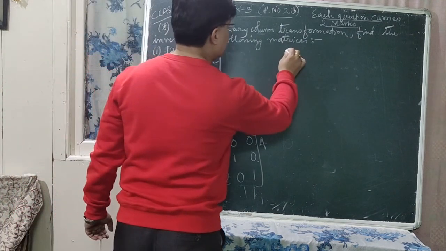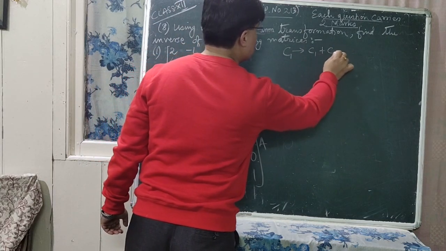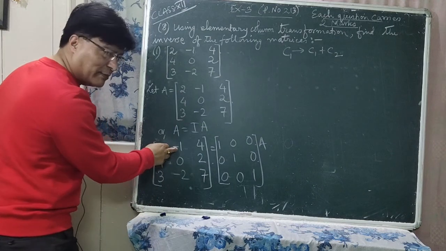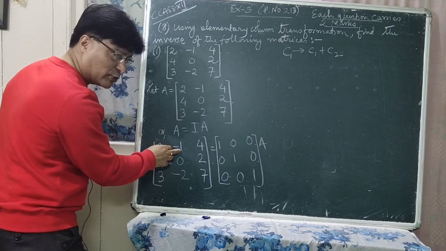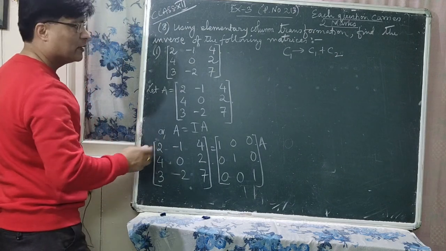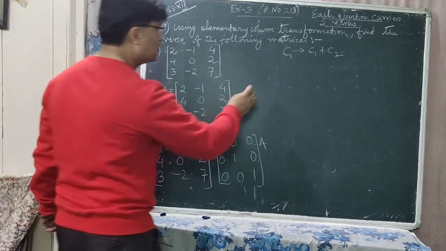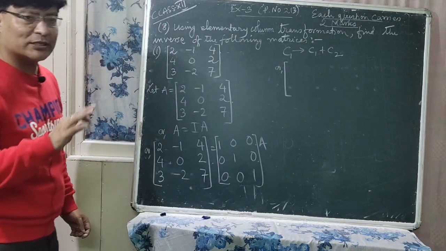So let us use C1 arrow C1 plus C2, because minus 1 is already there. C1 means 2 and C2 means minus 1. So C1 plus C2 gives 1. Understood? Now column 1 is changing. How does it change?